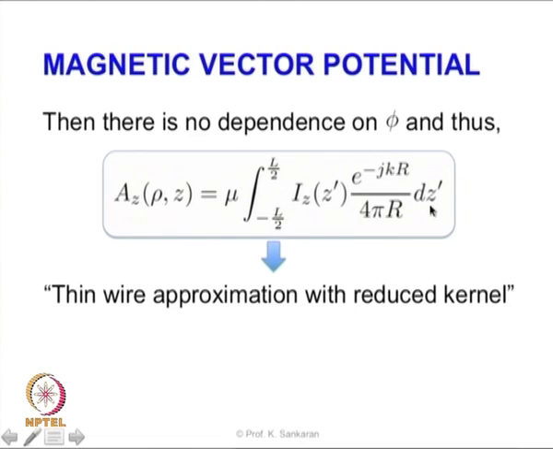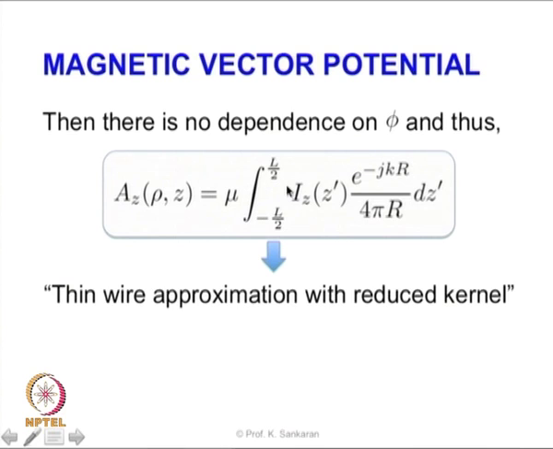So what we are getting now is a thin wire approximation, and this is the way we have introduced it. Remember that we started with the volume integral, and then we transformed the volume integral into a surface integral, and now we are going to reduce the surface integral into a line integral. That is what you are going to see here.